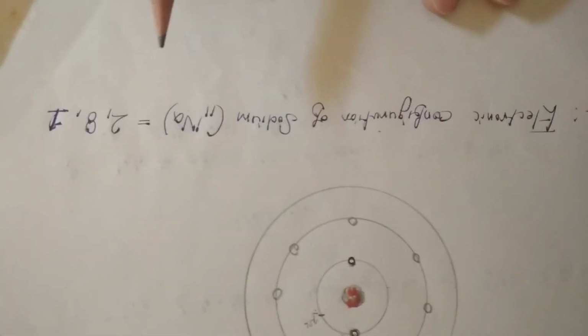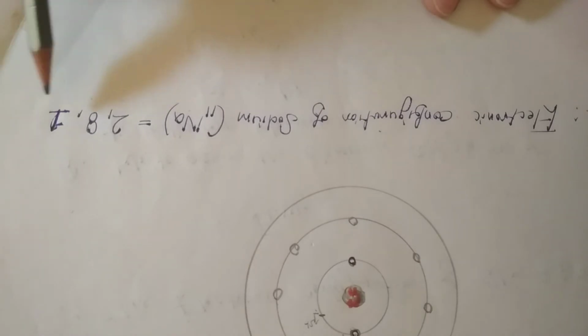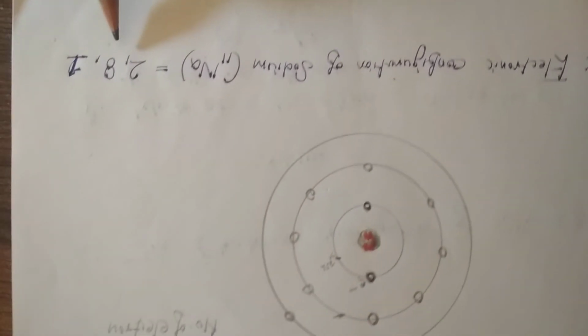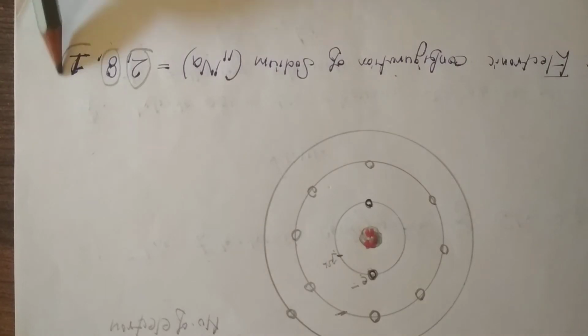The electronic configuration of sodium is 2, 8, 1, meaning the first orbit has 2 electrons, the second orbit has 8 electrons, and the third orbit has 1 electron.